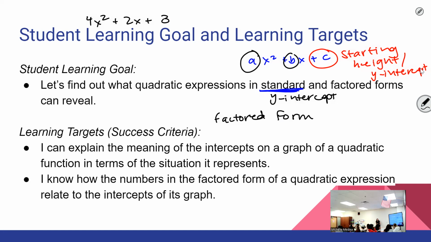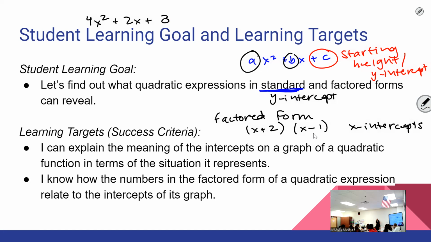When something is in factored form, like here's a random example, what's gonna be something that I can see easily from this? The x-intercepts you can easily see when it's in factored form. What would be my x-intercepts of this random example I just did?